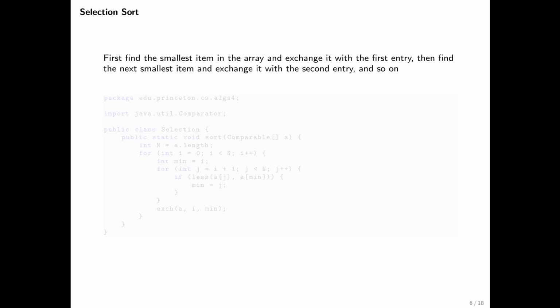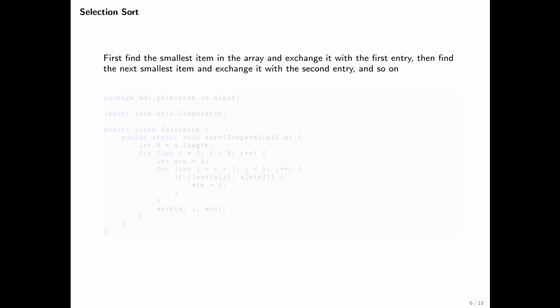So selection sort works as follows. What we do is we first find the smallest item in the array and exchange it with the first entry. Once we do that, the first entry is the smallest item in the array. And then, starting from the second item, we scan through the array and find the next smallest item and exchange that with the second entry.